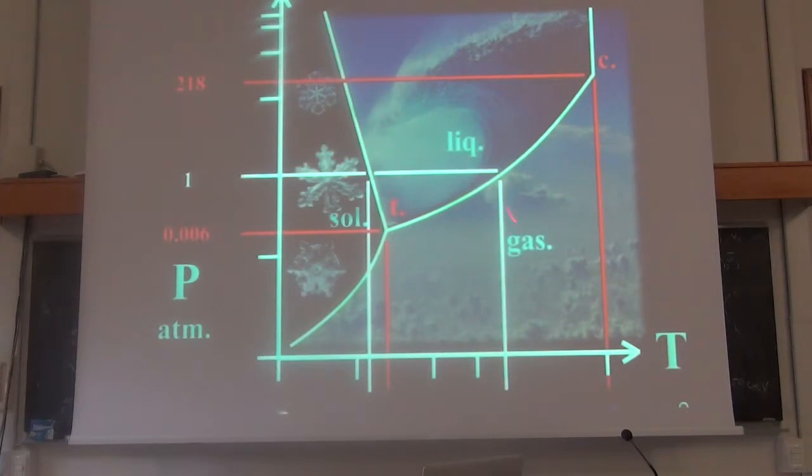This explains something that people like Faraday and others observed at that time, namely that there exist gases that, no matter how much you push them, never become liquid. The reason was that the experimentalists were working at temperatures above the critical one, and therefore no matter how much pressure you put on the gas, you never get a meniscus, a separation between gas and liquid. So to observe this, you have to work below the critical temperature.